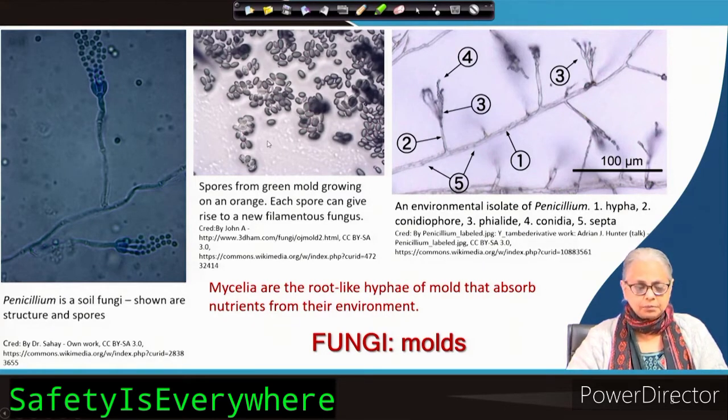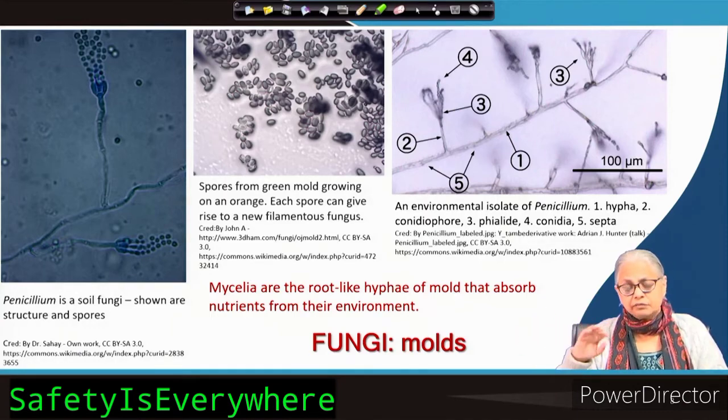This is a good micrograph of spores from green mold that is growing on an orange. Green mold is very common, especially in our country where you have damp conditions when it's warm. All it needs is warmth and humidity, and in general fungi can grow anywhere and everywhere.